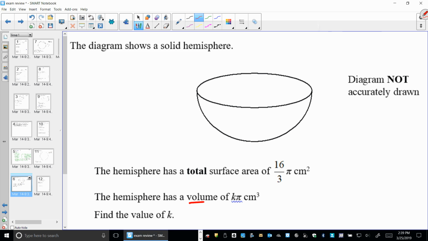Okay, so we know 2 things. We know the volume, or an expression of the volume, and we know an expression for the surface area. So we can use our formula sheet to write this out as it states in the formula sheet. Okay.